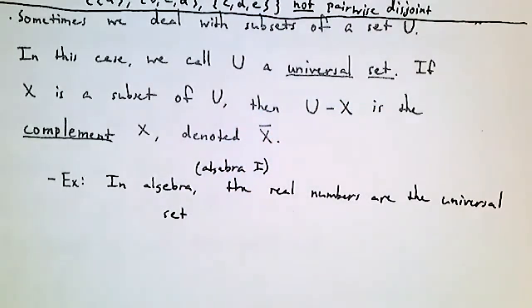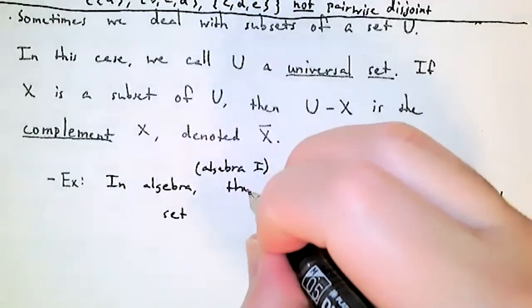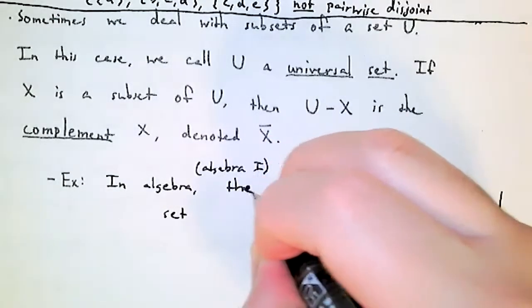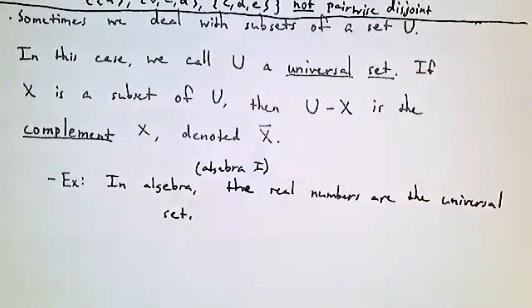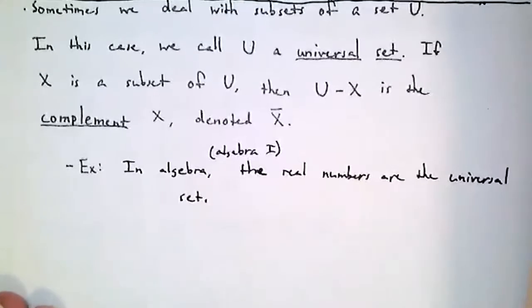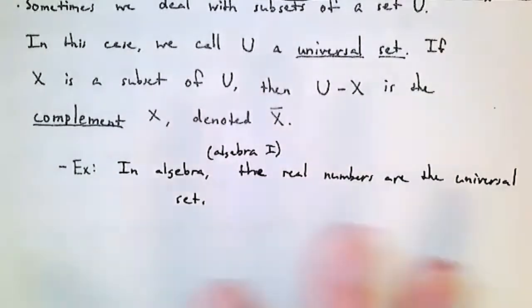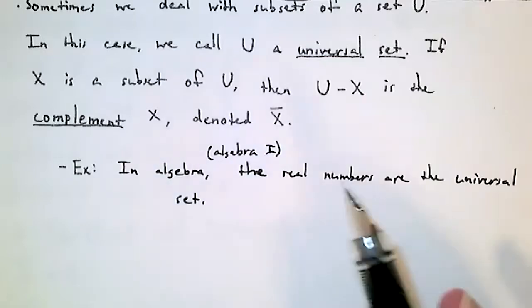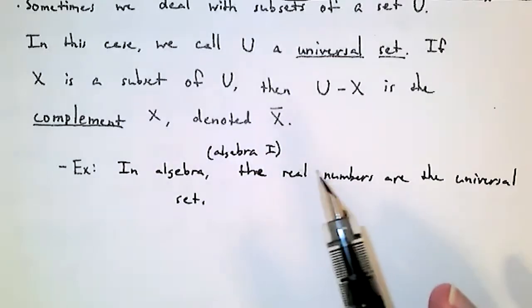Let's say algebra 1. So maybe you don't know anything about complex numbers yet. Thinking back to your high school classes, everything that you dealt with probably were real numbers, and the set of real numbers formed your universal set, because everything that you dealt with lived inside of the set of real numbers.